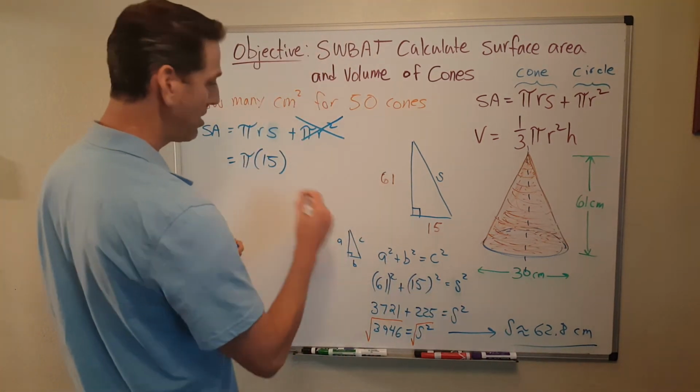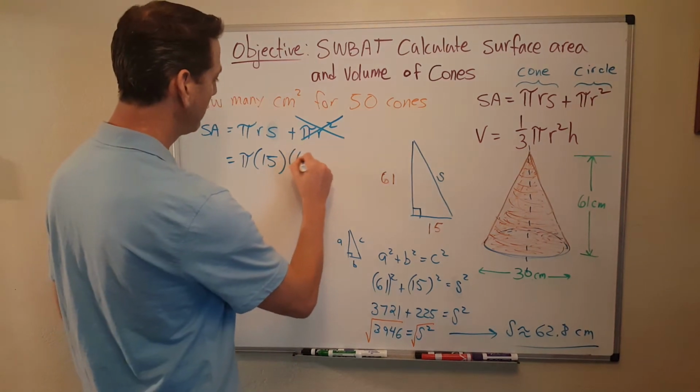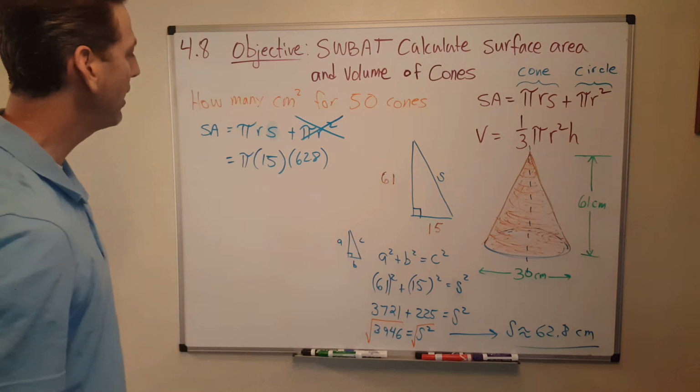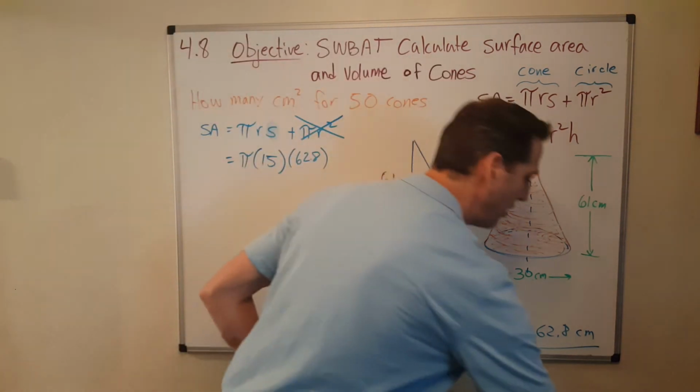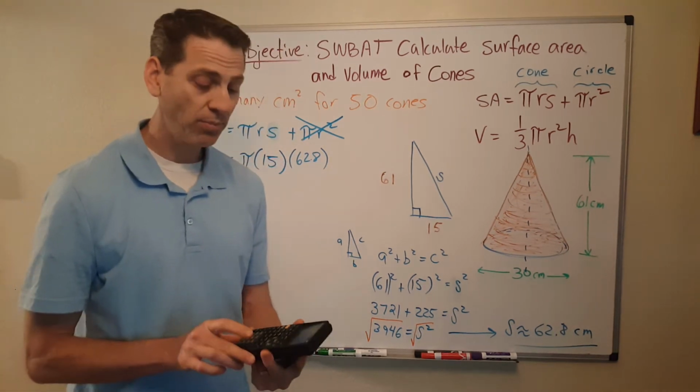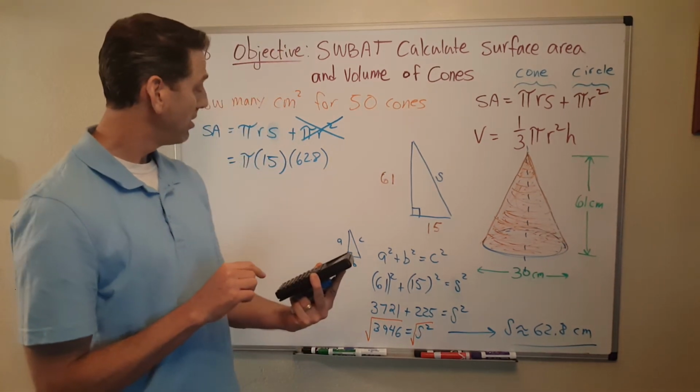All right. So times 62.8. Now I can go ahead and find my surface area of the cone part of my cone. Let's see.